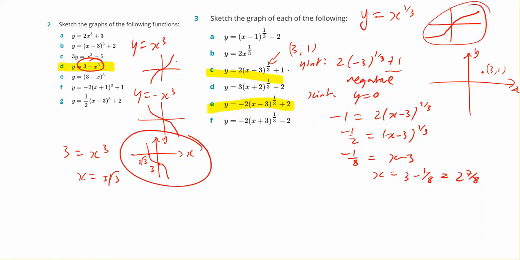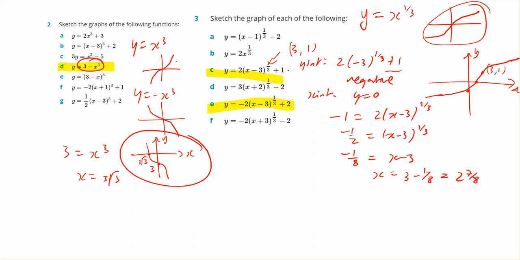We know our y-intercept is somewhere negative, so somewhere down here, and we know our x-intercept is somewhere positive. Okay, so 2 and 7/8 is somewhere over here. So you're going to have a graph that looks like this. The SPOI is happening here, and this is going forever up and forever down.